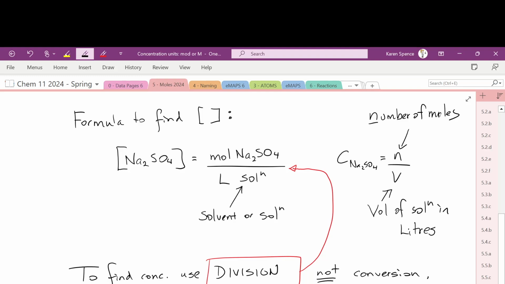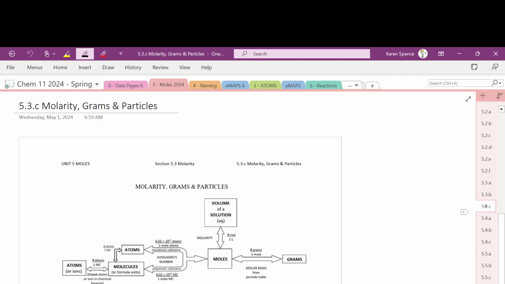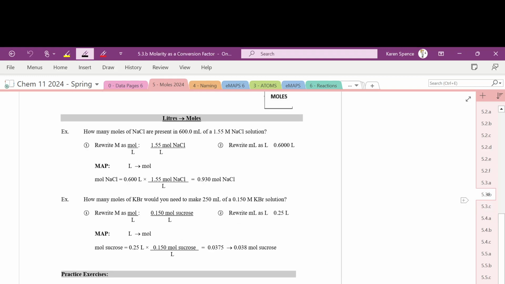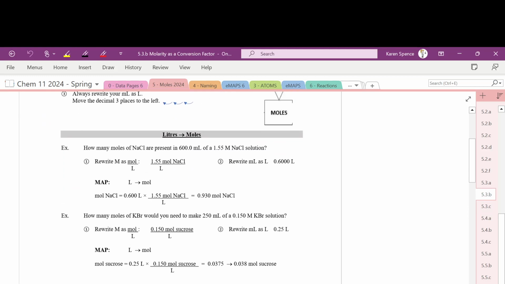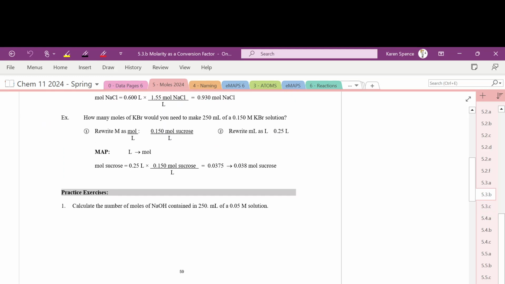I realize we can't make the solution today because we need to be able to use molarity as a conversion factor first. So let's go to 5.3c, B, on page 59.